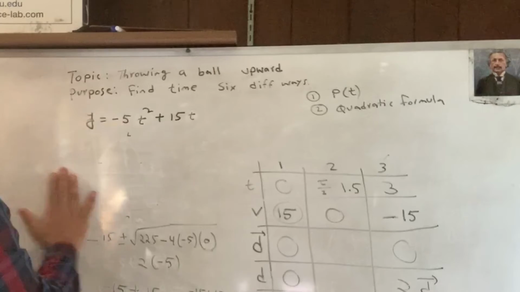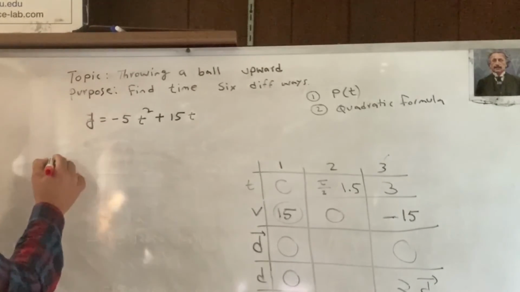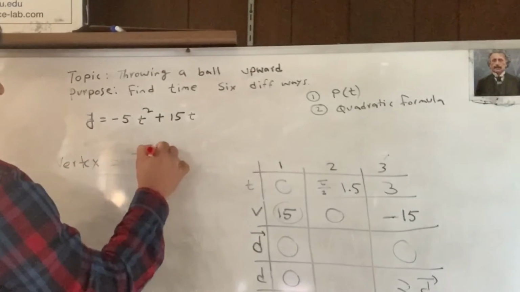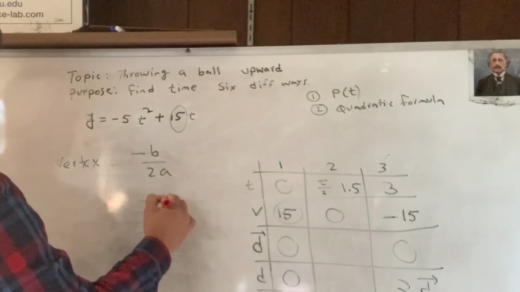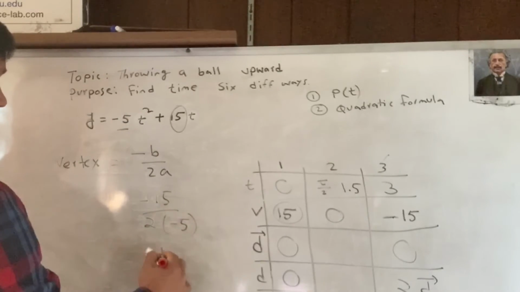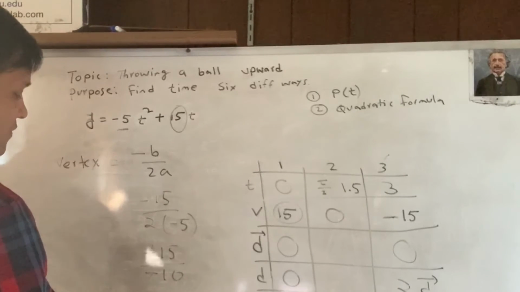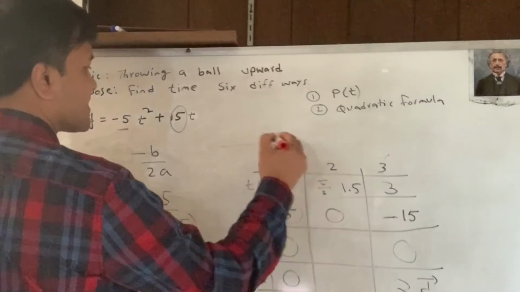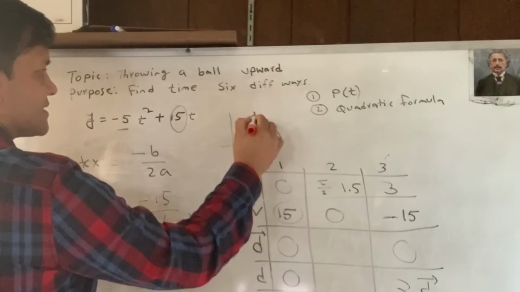Now the vertex should give us the same answer as well. So now let's use the vertex. The vertex is minus b over 2a. b is 15, a is negative 5. So minus 15 over minus 10; the minuses cancel, giving 1.5. Why 1.5? Because when we talk about the vertex, we are talking about right here.